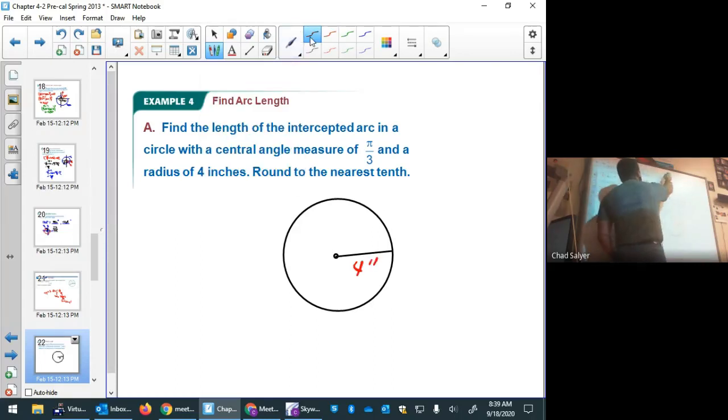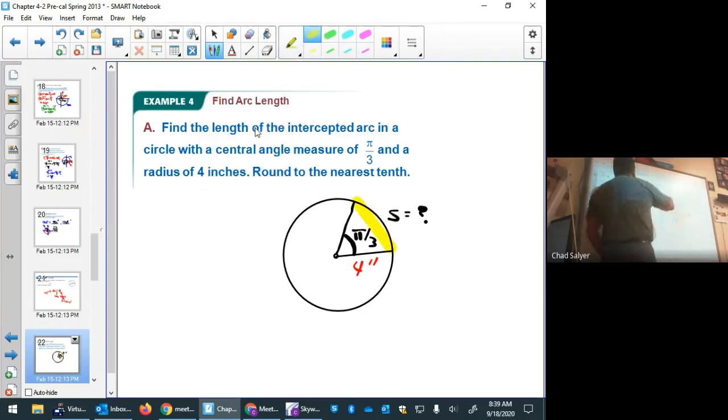And we're concerned about the arc swept out by an angle pi over 3. So we want to know how long is this arc.